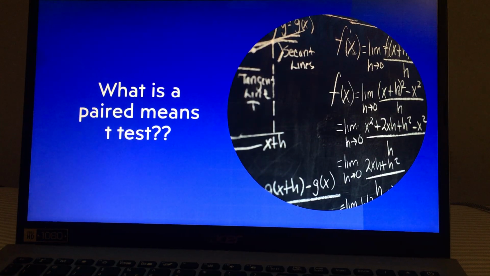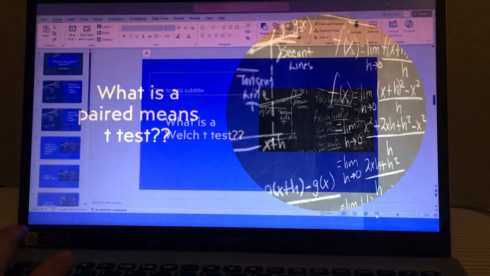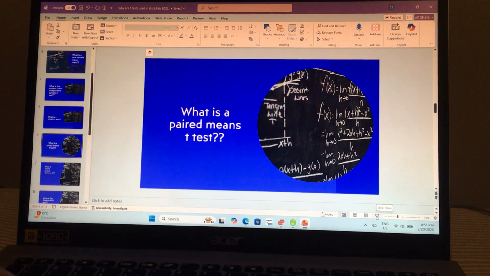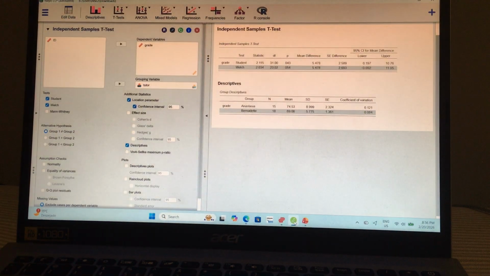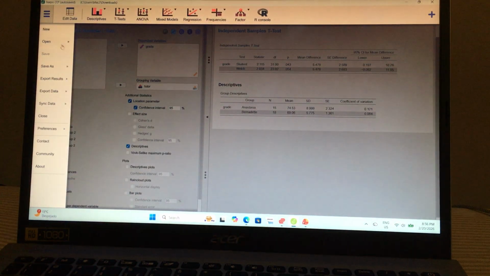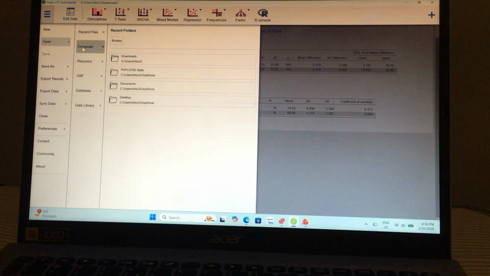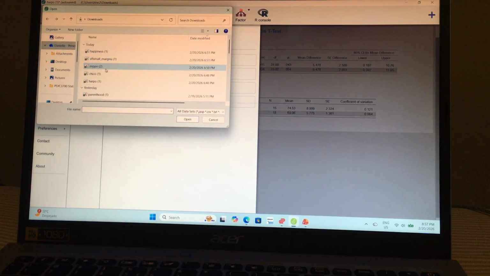So let's go ahead and we're going to use the paired samples t-test function, and this is going to be for Chico's class. So let's pull that one here. We're going to open Chico. And here it is.